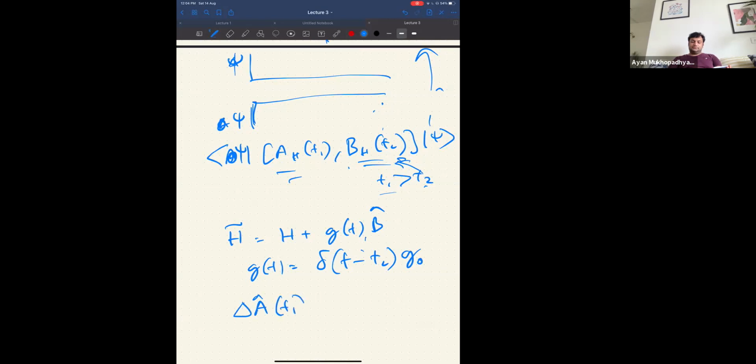at time t1, right? And this is equal to nothing but this commutator multiplied by g naught.